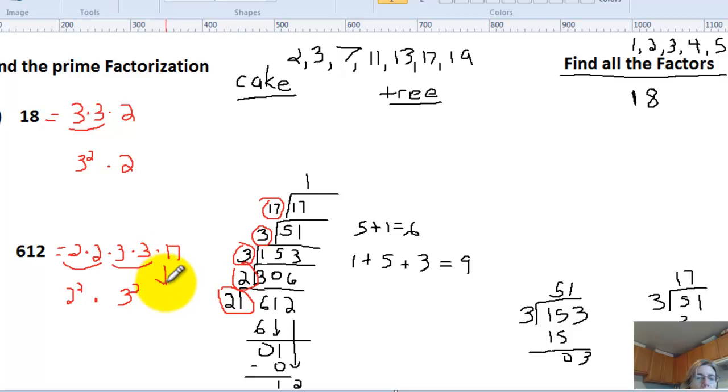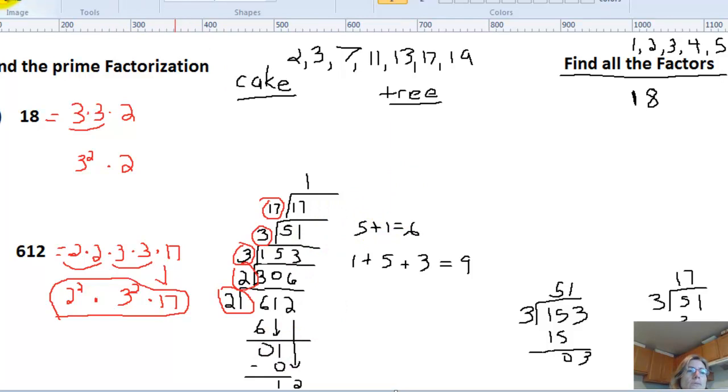Bring down both the multiplication sign and the 17, and that's your final answer. 2 squared, times 3 squared, times 17, using the cake method.